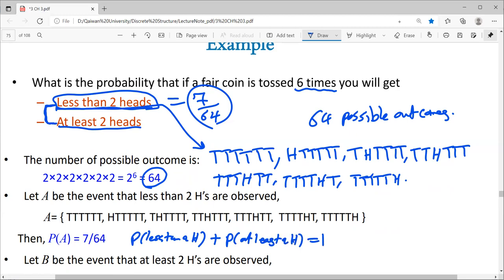It must equal 1 because the sum of all probabilities must be 1. We have only these 2 possible outcomes. It's either less than 2 heads or it's at least 2 heads.